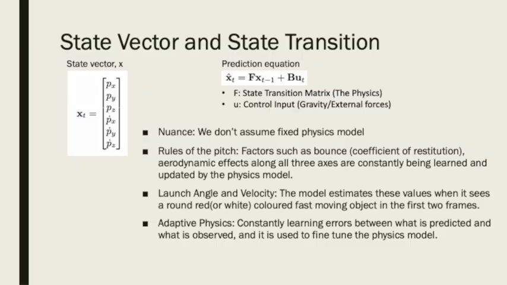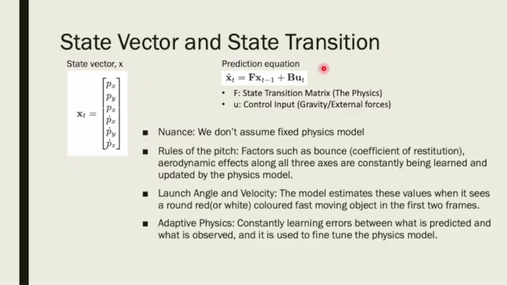To do this, the system needs to maintain a state. In Hawkeye, the state vector represents everything we care about, be it the position in the x, y, and z coordinates, or the velocities in these three coordinate systems too. So, just like tensor manipulations we often use in computer vision libraries, the Kalman filter relies on matrix operations to transition the state from one time step to the next. It's important to understand that the system doesn't actually know anything at the start.